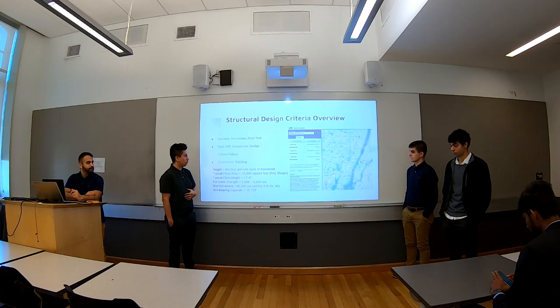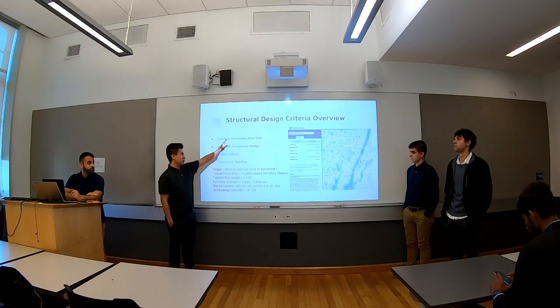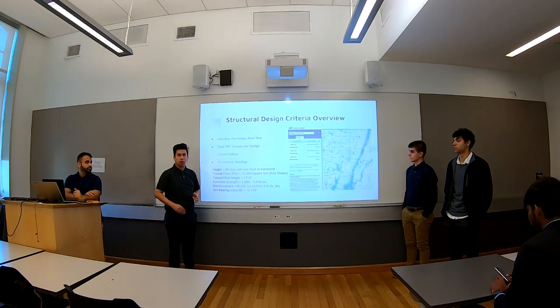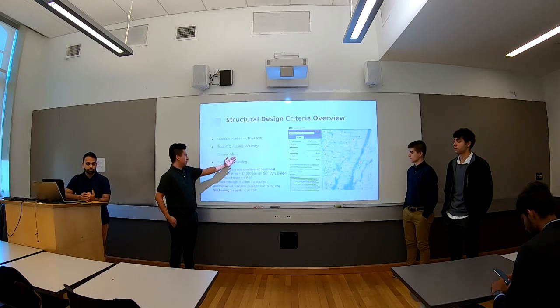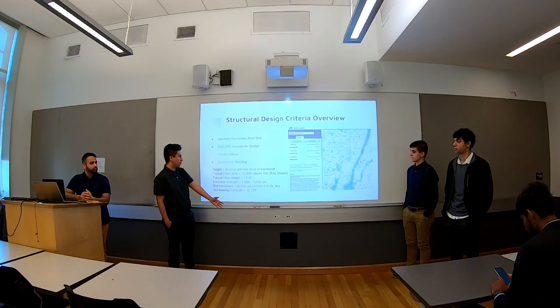But you're supposed to use the New York IBC because there are specific codes for specific states. Like in California, you have seismic loads that are way greater than on the East Coast. And in our case, Manhattan, you have to use a specific code.